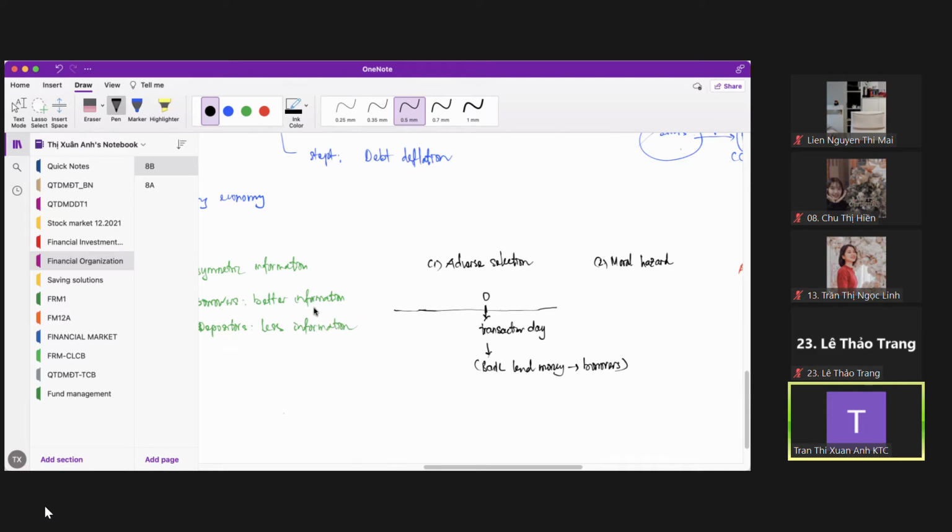However, we know that the borrower always has better information, so if they cheat, they do not submit all the documents or all the information to the lenders. So sometimes the bank cannot get full information about the client, and that may lead the bank to make the wrong decision.